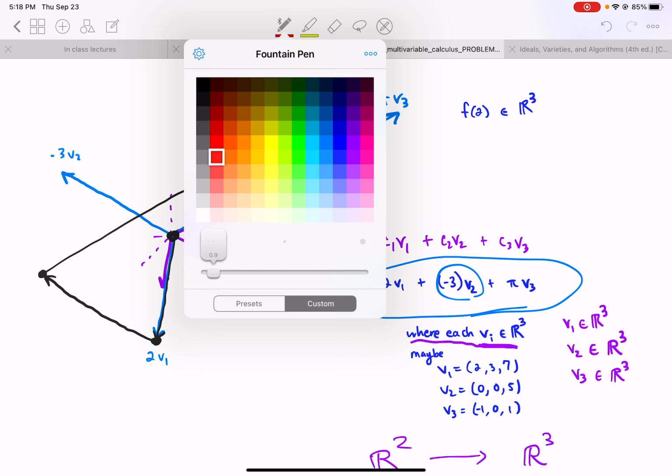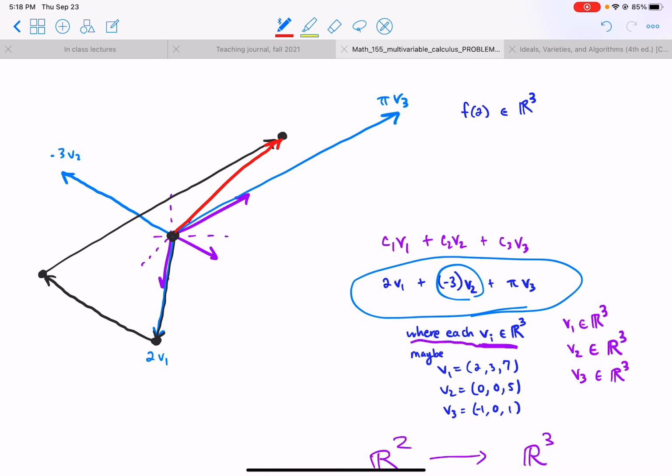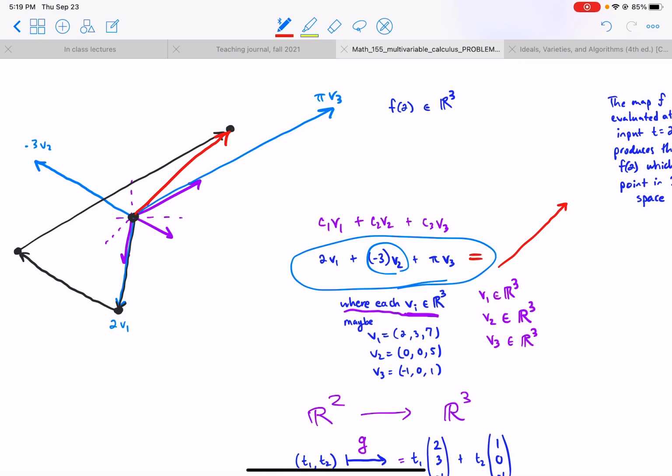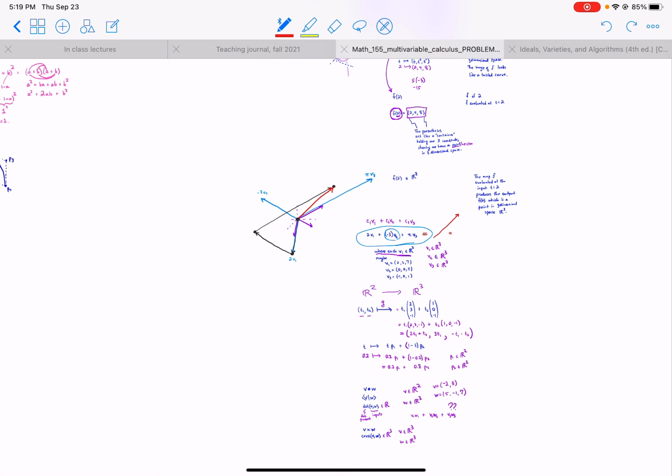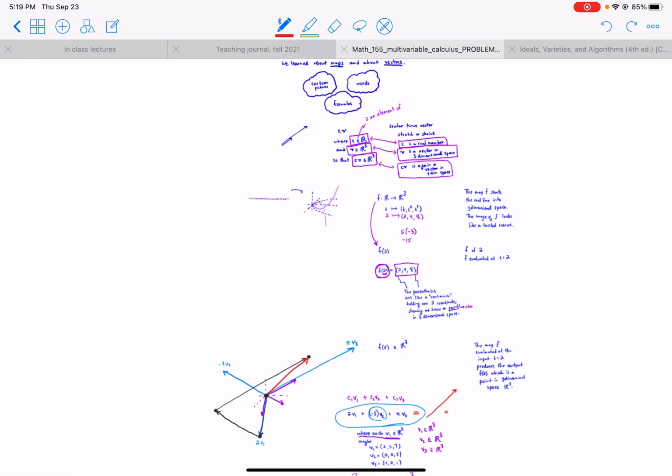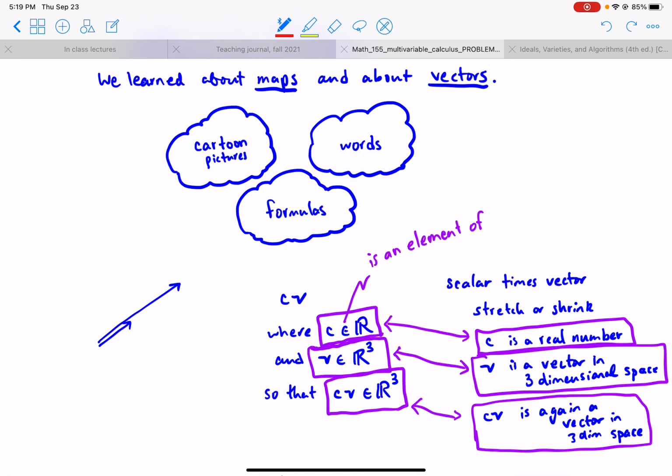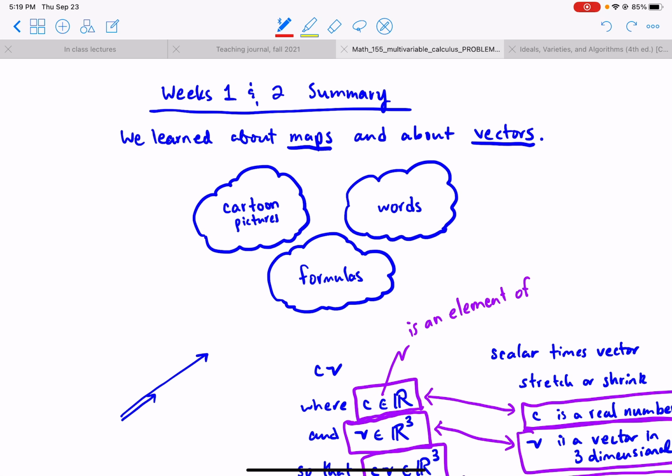And so my final answer is this red vector, which has some components that I could figure out, namely by using this, scaling them, and adding them. Okay. So, good. Maps, vectors, parentheses used in lots of ways, cartoon pictures, formulas, and words, all sort of coming together.